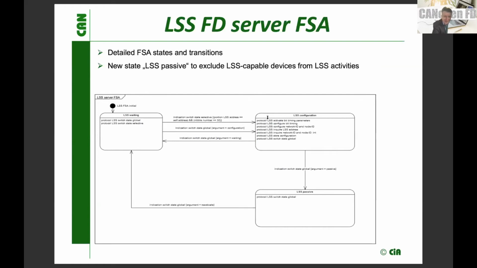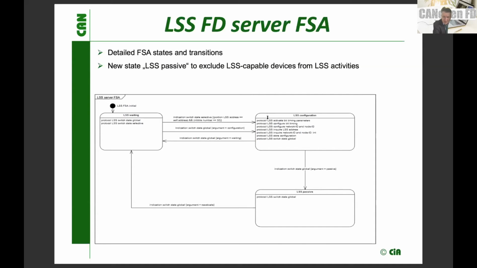And there is a third state introduced with CANopen FD to allow excluding devices which are already configured properly and do not need any configuration, or devices which are not configured whatsoever and would prevent configuration using LSS since they are constantly involved in a process of data exchange, and there is no way to turn them off.